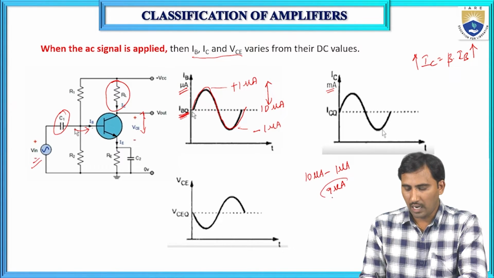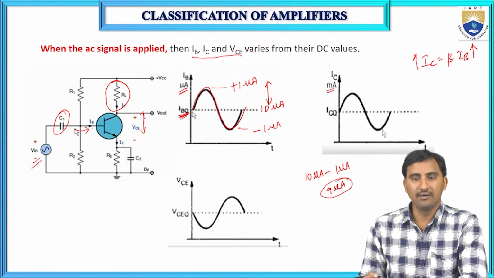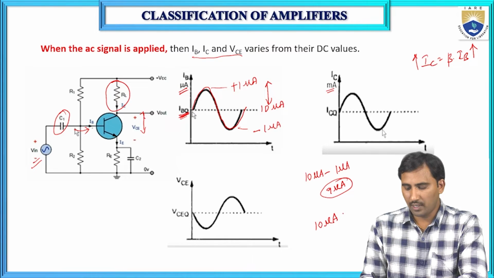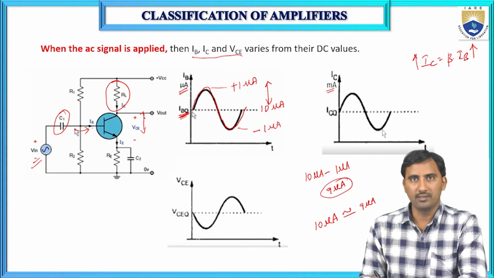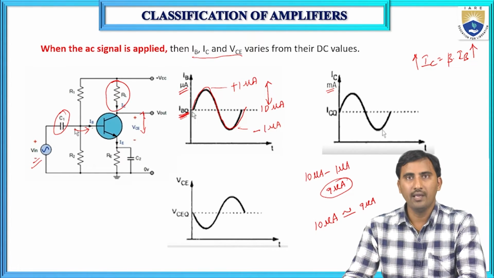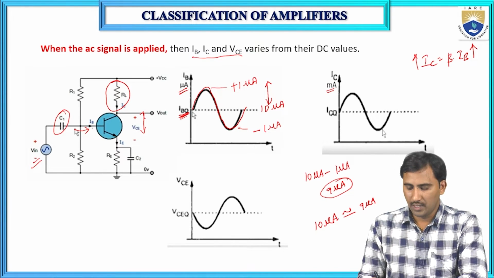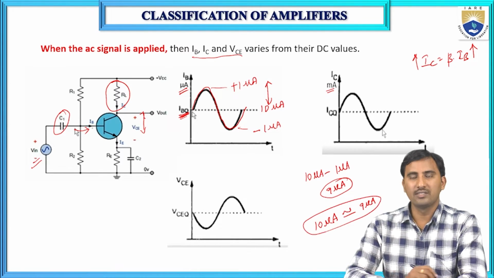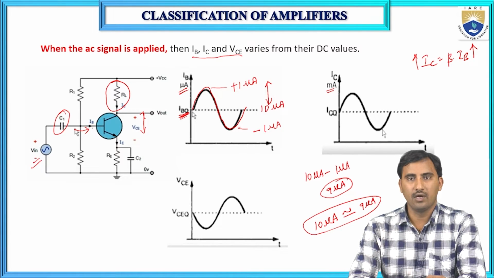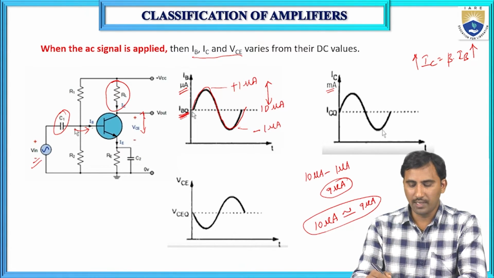This 9 microamperes is comparable with its DC value. The DC value is 10 microamperes, which is comparable with 9 microamperes. So the variation will be very high. That's why these are called large signal amplifiers. The variation will be more here.